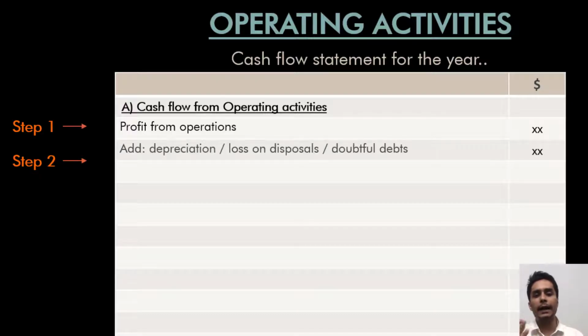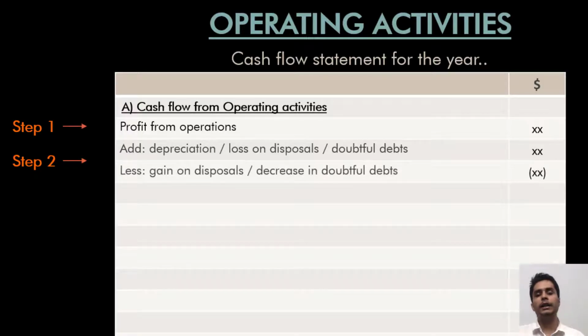So I'll add back depreciation, losses on disposal, and any increase in doubtful debts. Any operating income of non-cash nature that was added earlier in the income statement will now have to be deducted, like gain on disposals, any decrease in doubtful debts, or any other non-cash operating income. So this was step number 2.